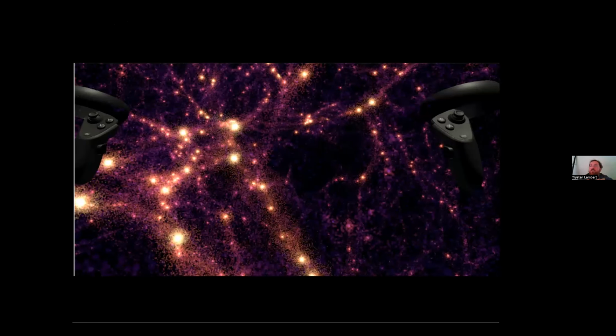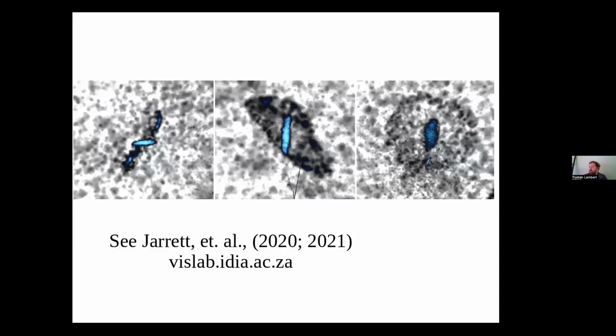We've had these cosmological simulations for ages, and perhaps the author who wrote the code thought too, all right, it's cool to look at things in VR, but what do you get from it? And a great example was he was flying around here and he saw this weird thing that he didn't know what it was, and it was a ring galaxy, which he didn't know his code was capable of producing.